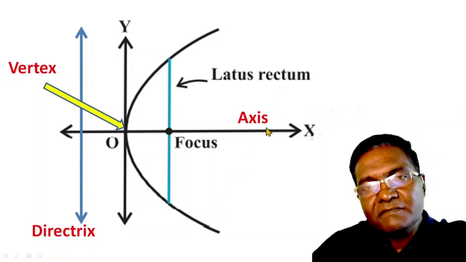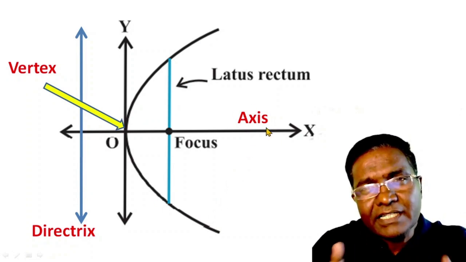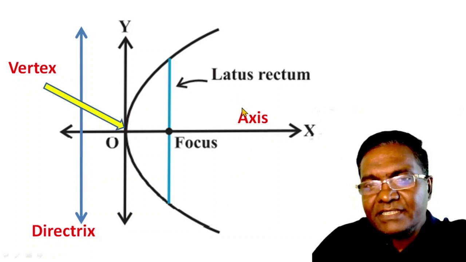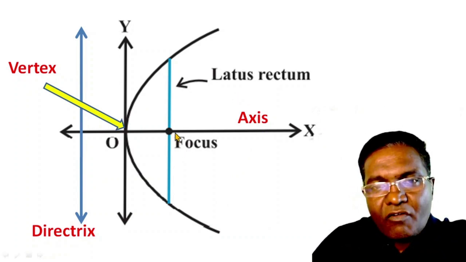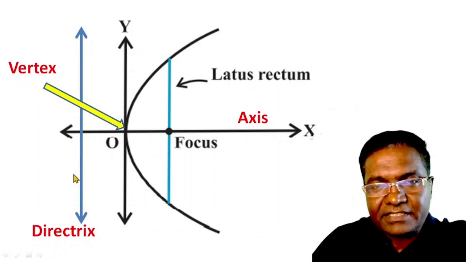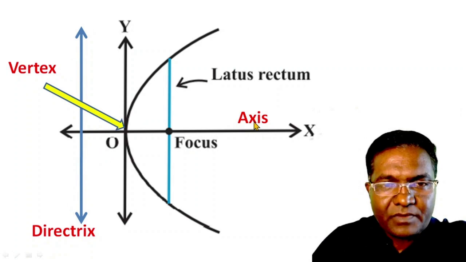Axis means it divides that parabola into exactly two parts. So what is that axis? It is passing through the focus and perpendicular to the directrix. Okay, this is called the axis.